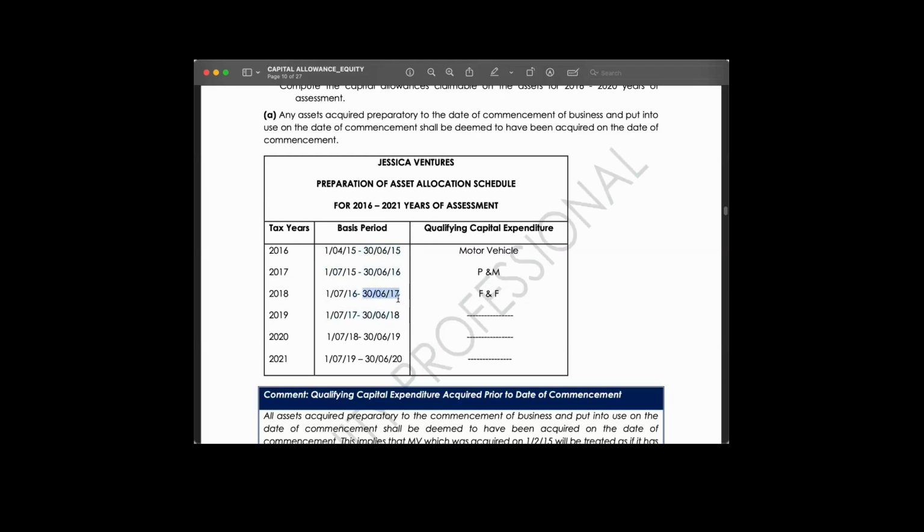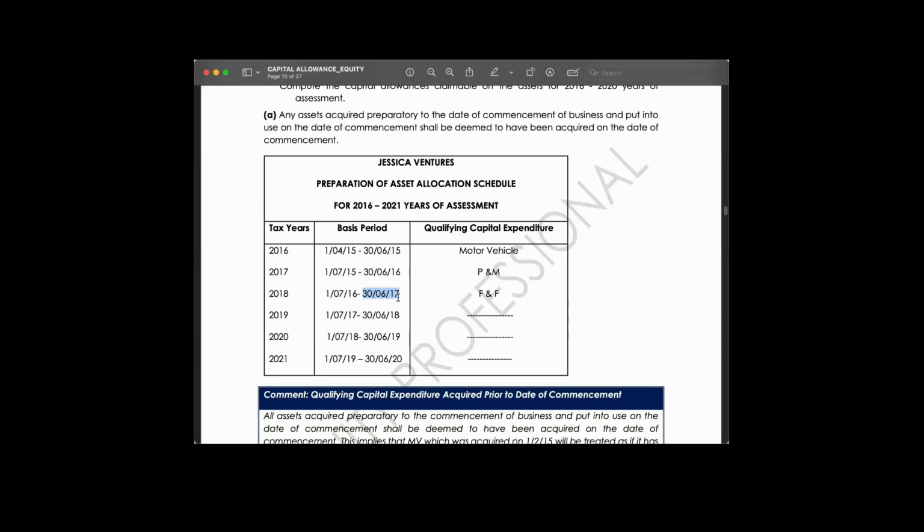Now, fourth and subsequent years will be on preceding year basis, which we already know what preceding year basis is. Or you can also say a day immediately after the end of the third accounting year end to the end of the fourth accounting year end, and so on and so forth.